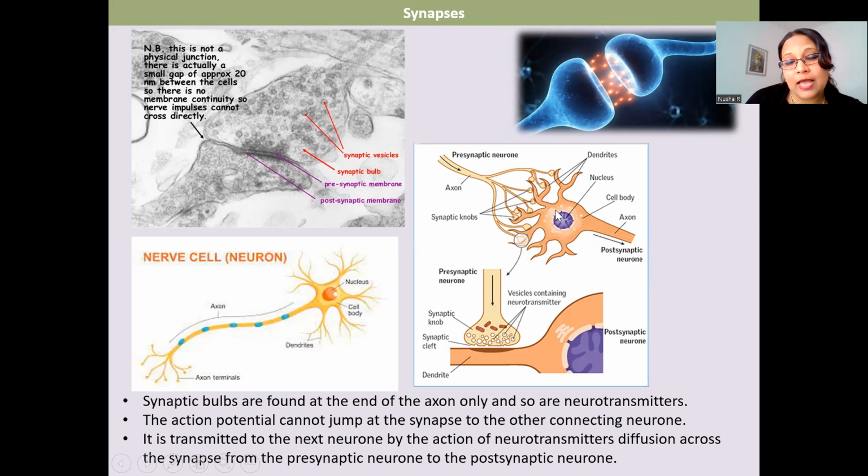So there's no way that the impulse, once it comes here, goes backwards. So it ensures that action potentials are going in one direction. So, unidirectional transmission at the synapse.